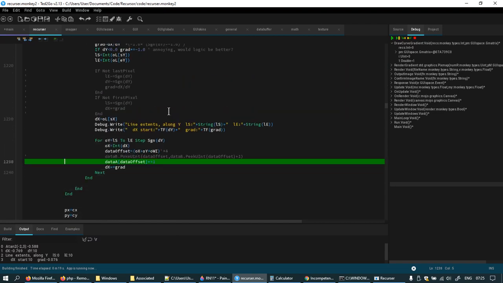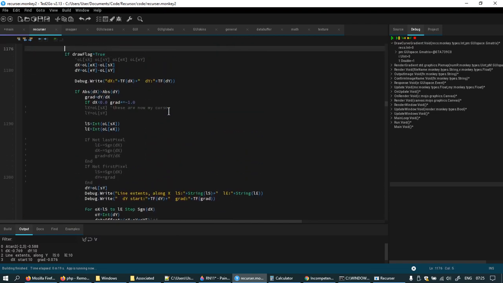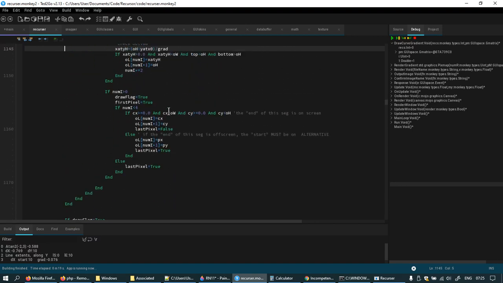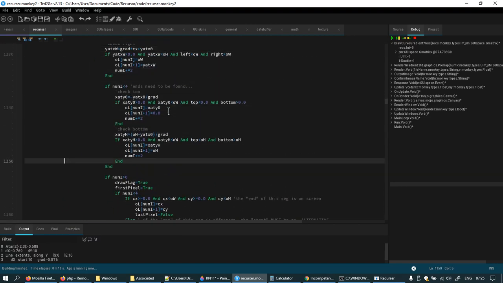How is it that when something crosses the bottom, I think this should be -1, but then, funnily enough, I think this should be -1.